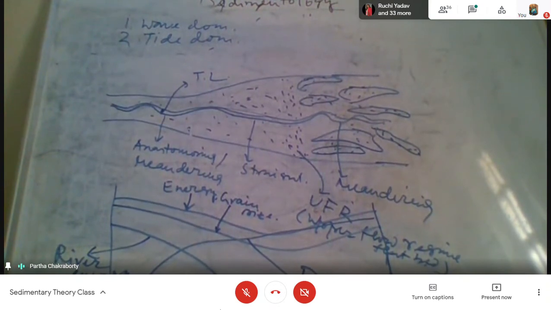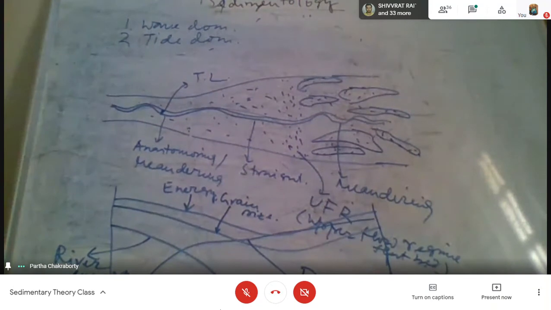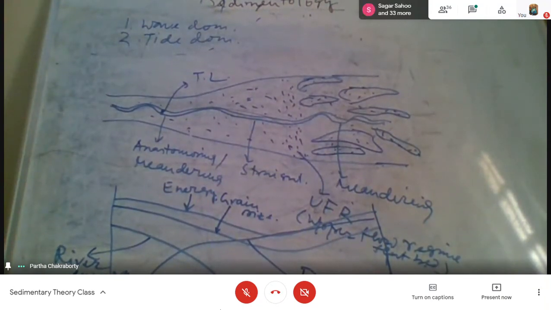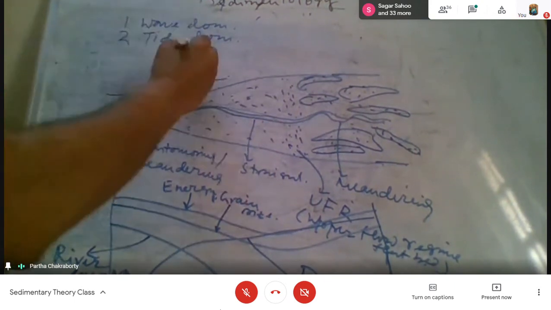If the lower part is not visible, I will change the camera angle. TL is tidal limit.